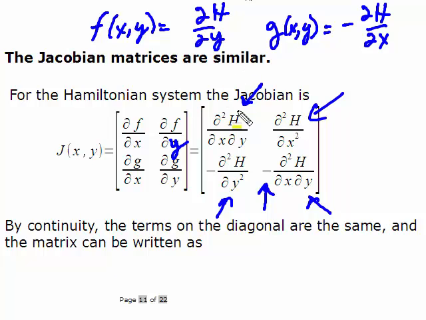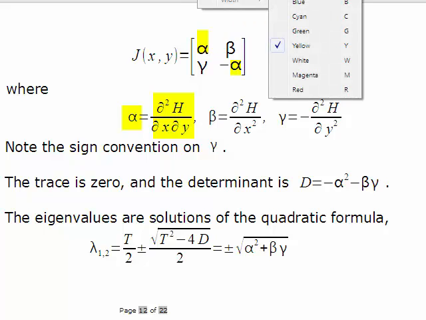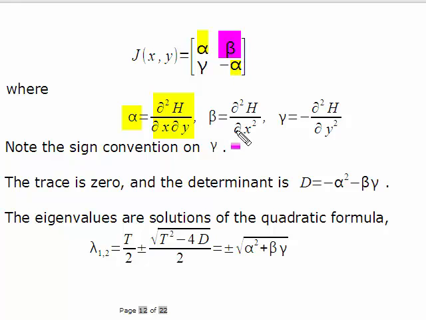These terms on the diagonal, except for the negative sign, are the same. So the matrix is often rewritten using alpha, beta, and gamma, and I'll show you that on the next slide. This is how it's written. That mixed partial derivative is called alpha. So you see the alpha here and alpha here with the negative sign. Then up in the corner here, here's that beta.